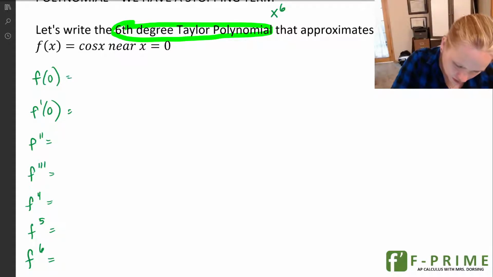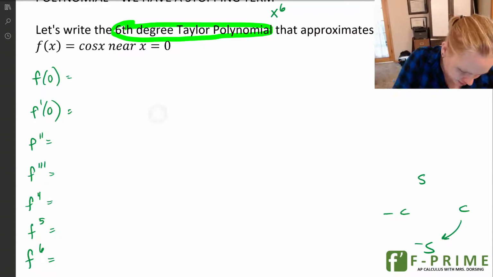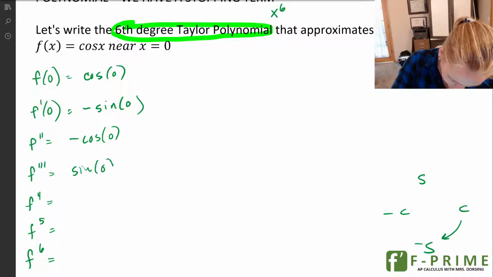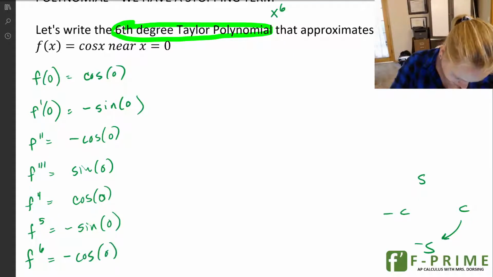So let's use our wheel of signs. So we're going to have sine, cosine, negative sine, negative cosine. So if we're starting at cosine, this would be cosine of 0. The derivative would be negative sine of 0. This would be negative cosine of 0. This would be sine of 0, cosine of 0, negative sine of 0, and then negative cosine of 0.